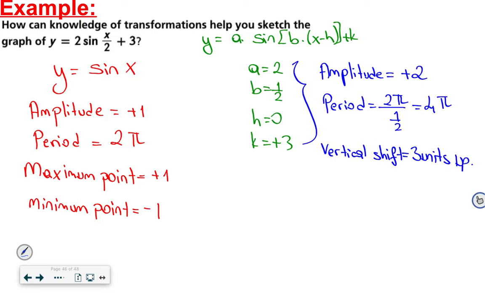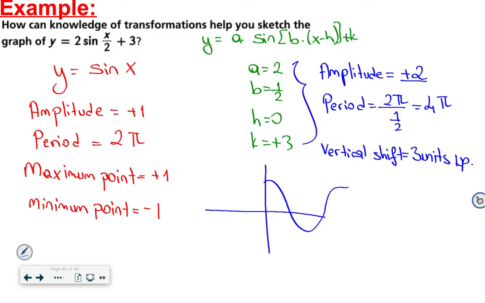All right, if in this function there wasn't any vertical shift, then you would tell me the maximum point is positive 2 and the minimum point is negative 2. But now what's happening? Let me graph this for you. In this function, you will get it like this.